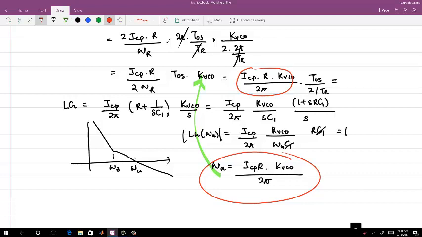Omega u, which is 2 pi times f bandwidth, and 1 by tr is nothing but 2 pi fr, and then you have the TOS factor.